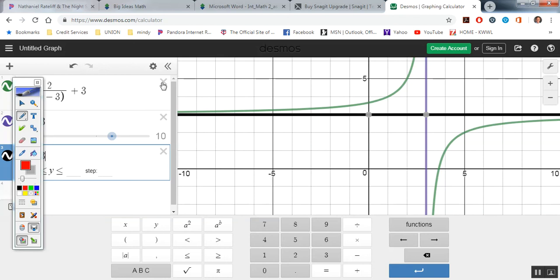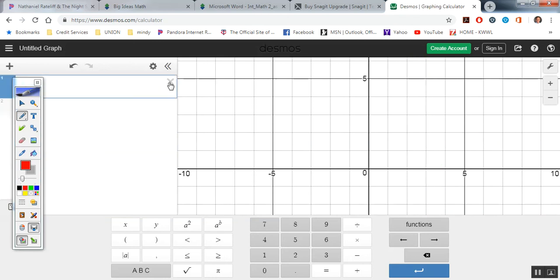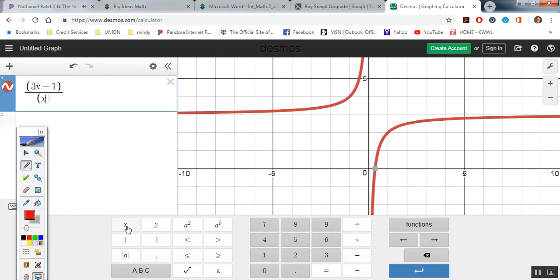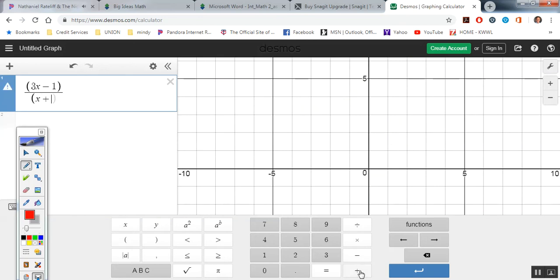How did the function start out there, kids? What over what? So up top you had 3x minus 1, is that right? Whoops. Over... something doesn't seem right here.